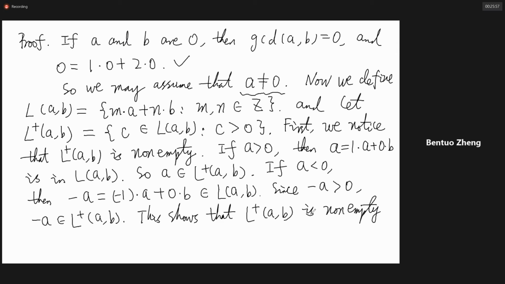Since L plus of AB is non-empty, by the basic properties of natural numbers, any non-empty subset of the natural numbers has a smallest number, a minimum. Then we are going to show the minimum is actually equal to the greatest common divisor of A and B.